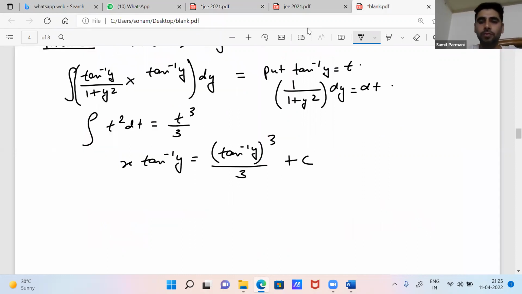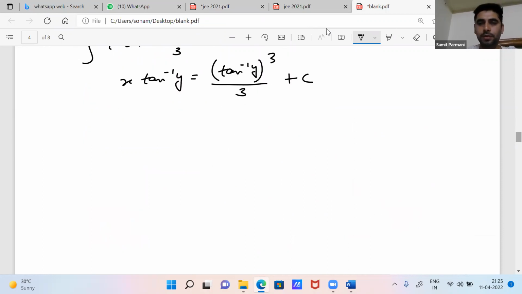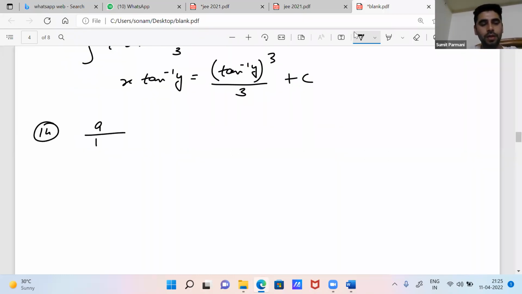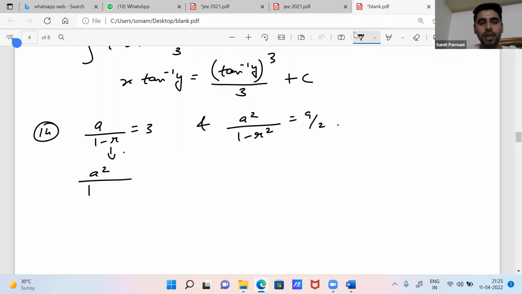Okay, so A by 1 minus R is equals to 3 and A square by 1 minus R square is equals to 9 by 2. Take squaring of this, A square by 1 minus R whole square is equals to 9. Okay, so this is your equation 1, this is your equation 2.